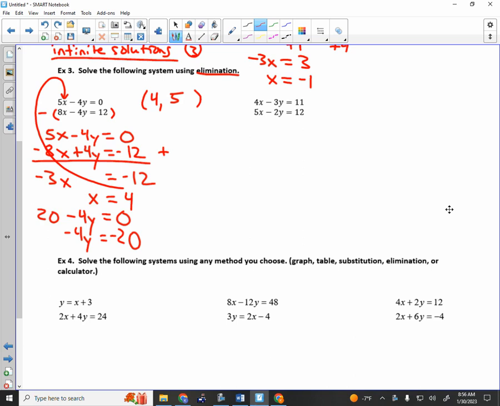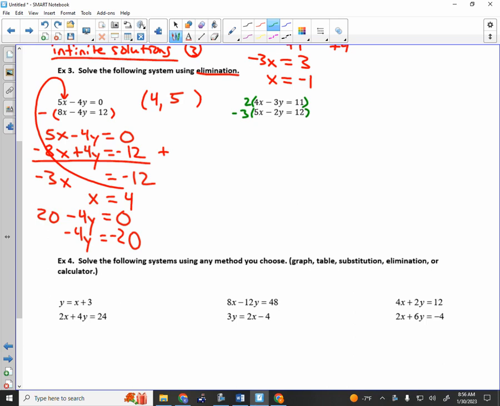But what if I kind of work with both situations here? I'm going to make the top one, instead of a negative 3y, a negative 6y. Then I can make the bottom a positive 6y. If I multiply the top through by 2 and the bottom through by negative 3, then I'll have a positive 6y and a negative 6y.